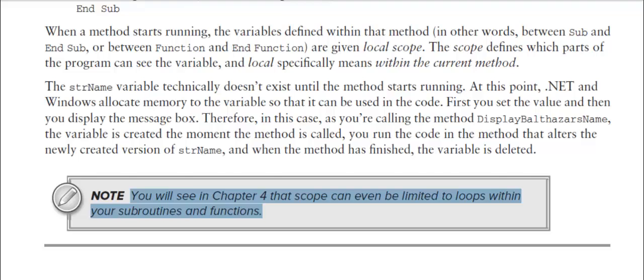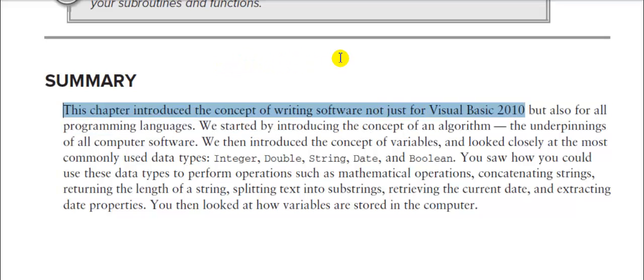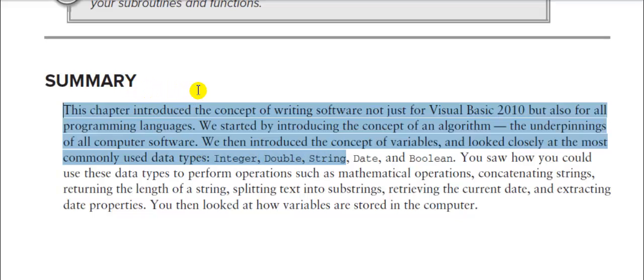Okay. So let's just read the summary. This chapter introduces the concept of writing software, not just for Visual Basic 2010, but also for all programming languages. We started by using the concept of an algorithm, the underpinnings of all computer software. We then introduced the concept of variables and looked closely at the most commonly used data types: integer, double, string, date, and Boolean.